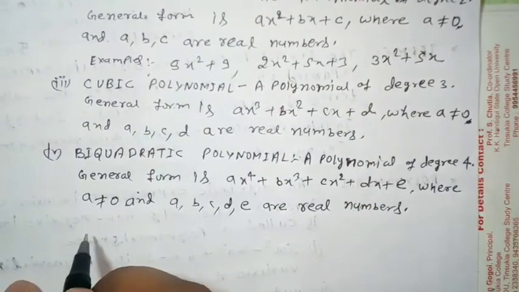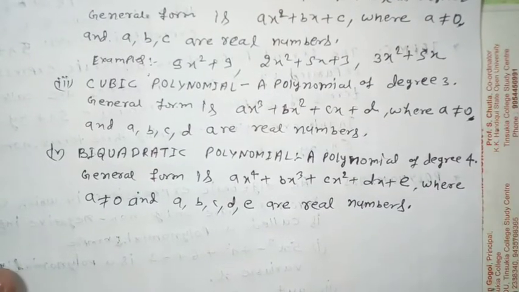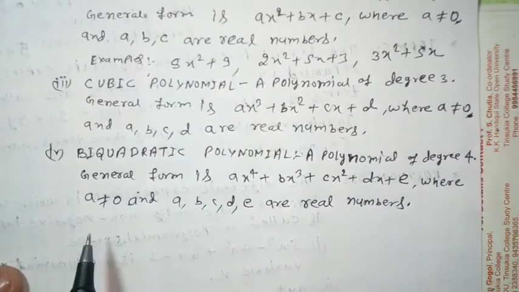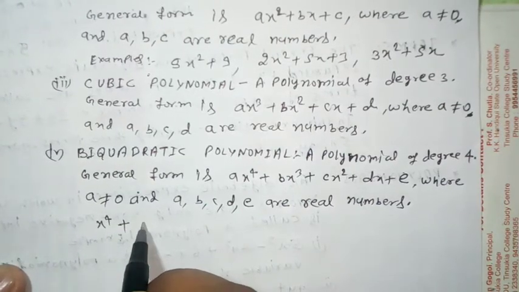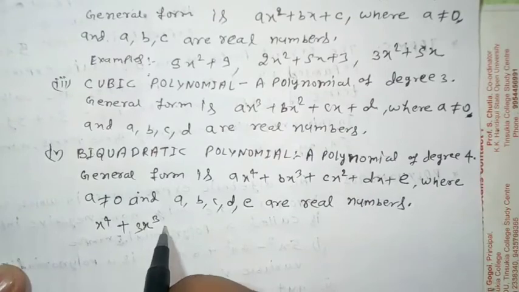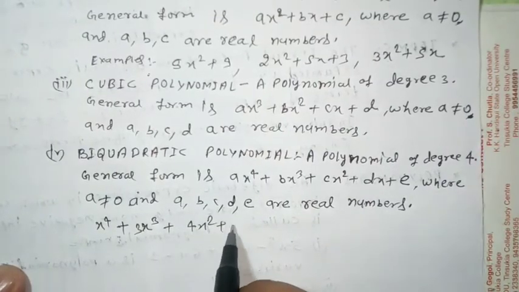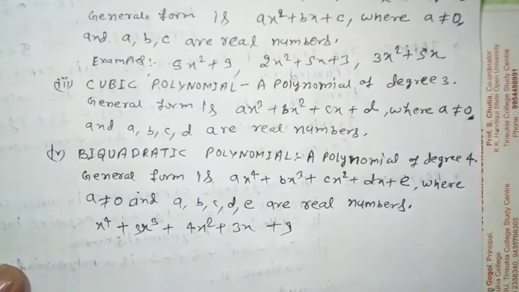For example, x to the power 4 plus 3x to the power 3 plus 4x square plus 3x plus 9.